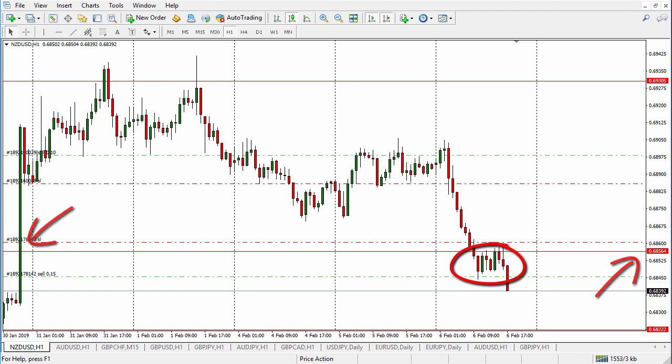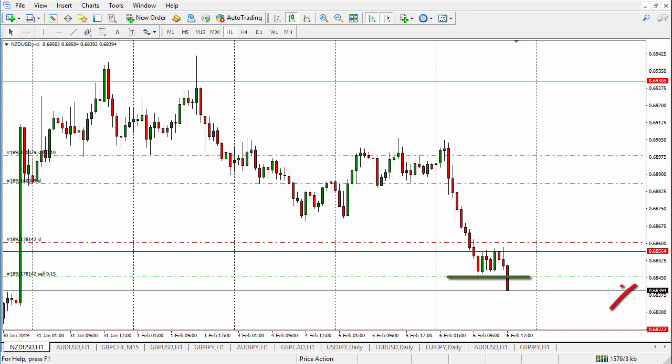I thought to myself that since the bears are currently having a hard time pushing price below this support area, if they were to gather enough strength to continue pushing price down, this would be a great place to go short. And so I placed a sell stop pending order right below this support level, which got triggered moments ago and got me into the market with a short price breakout trading position on the NZD/USD.